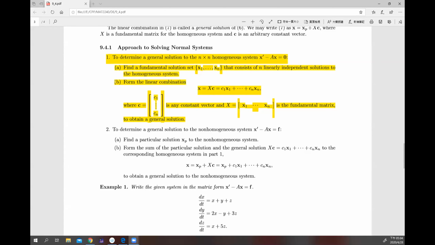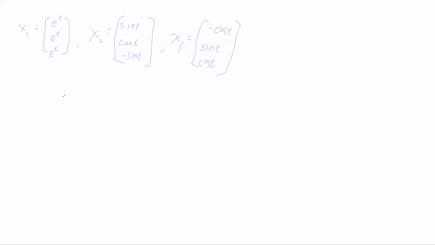All right, so part B. Once we have shown that they are linearly independent solutions, form the linear combination x equal to capital X times c, or the linear combination c1 up to cn for the coefficients and x1 to xn, where c is any constant vector and X is the fundamental matrix, to obtain the general solution. Basically, put them in a linear combination form. So here we go.